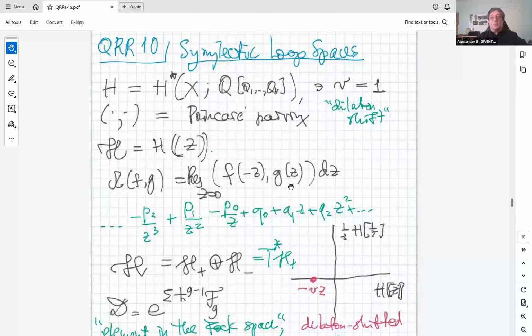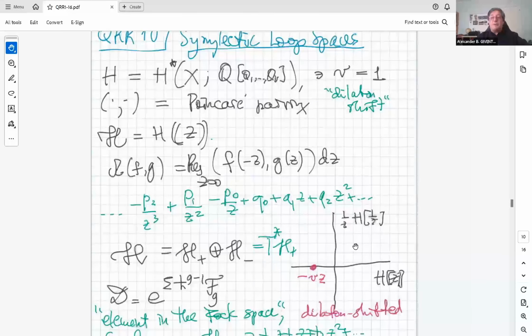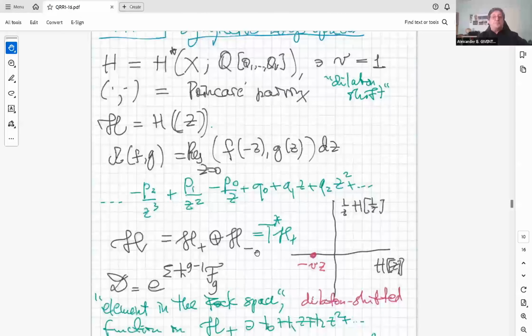There is no coefficient at 1 over z in this expression, and therefore this whole symplectic loop space can be identified, by this Lagrangian polarization, this decomposition into a direct sum of Lagrangian subspaces, with a cotangent bundle of H plus, the space of power series.